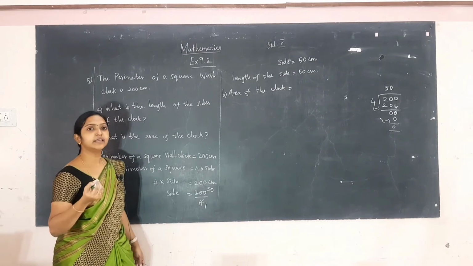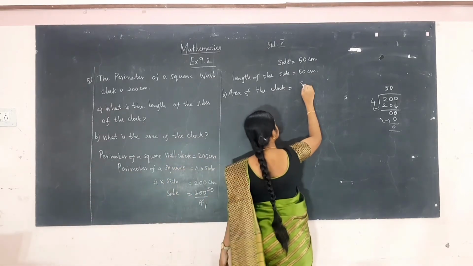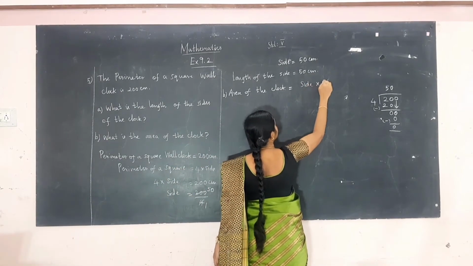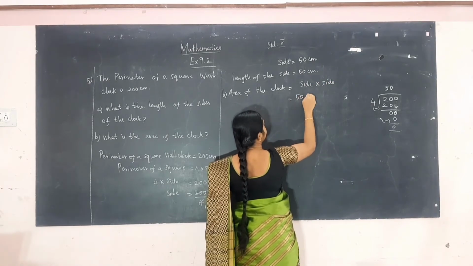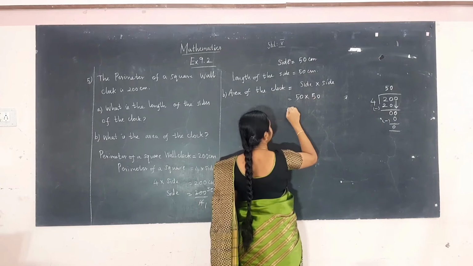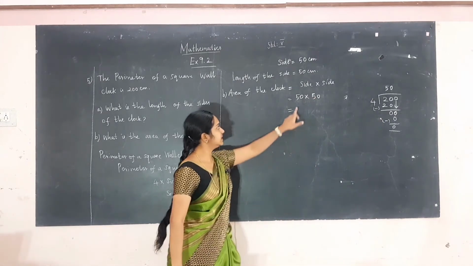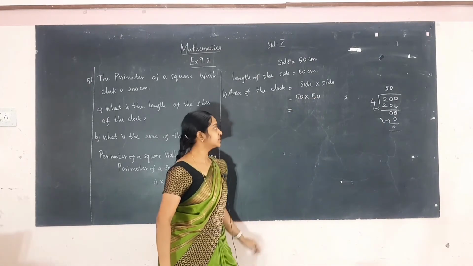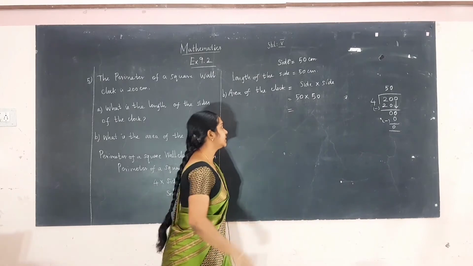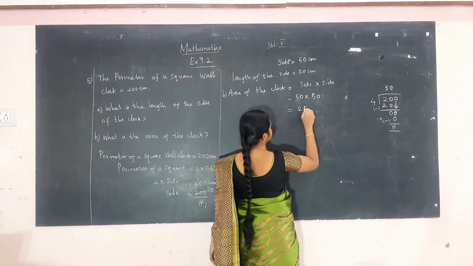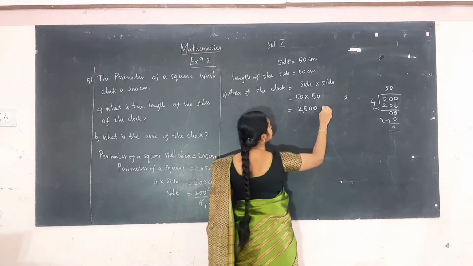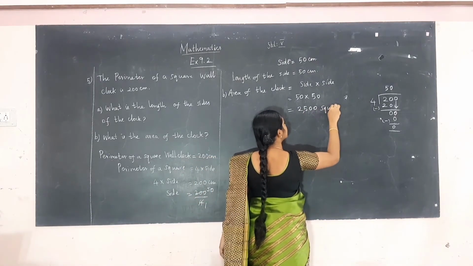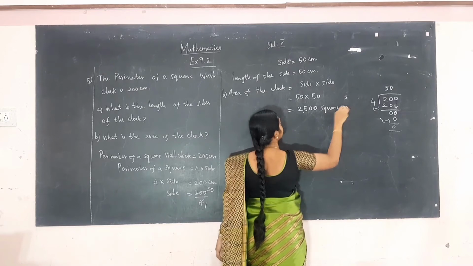So, we have to find the area of the square. It is side into side. Side is given as 50. Leave the zeros and multiply the numbers. 5 into 5 is 25. Add 2 zeros now. So, it is 2500 square centimeter.